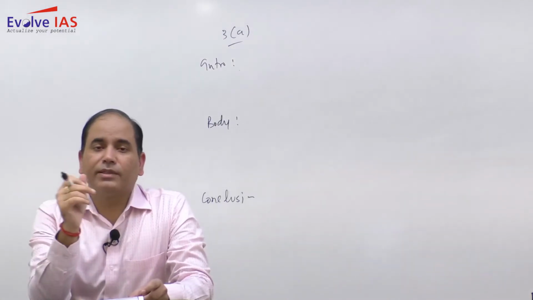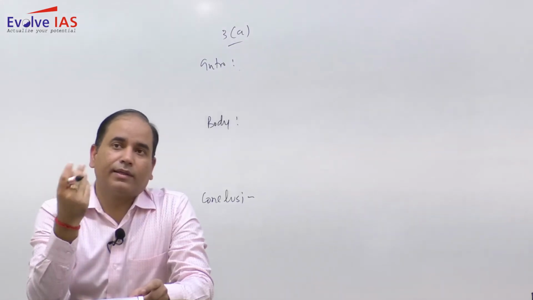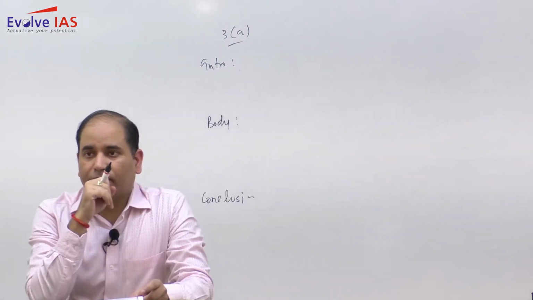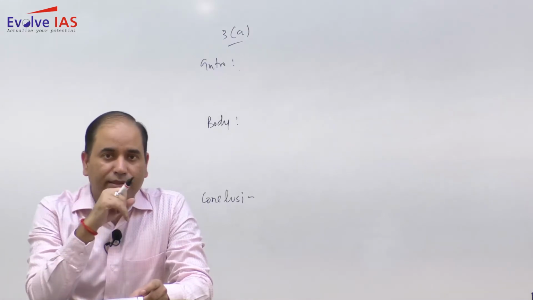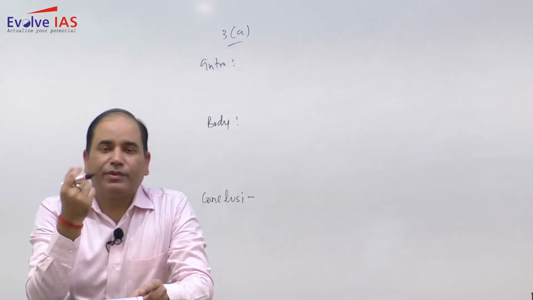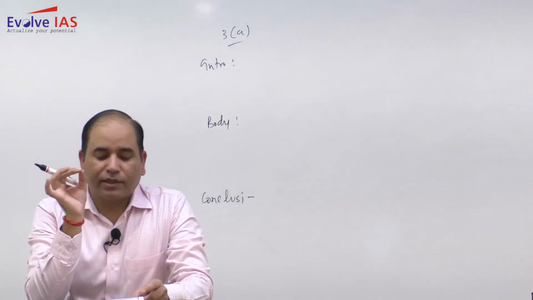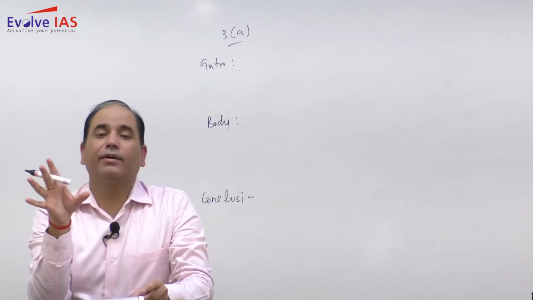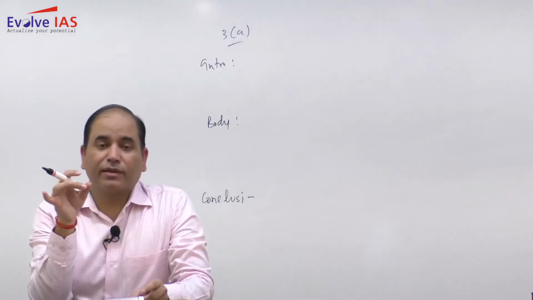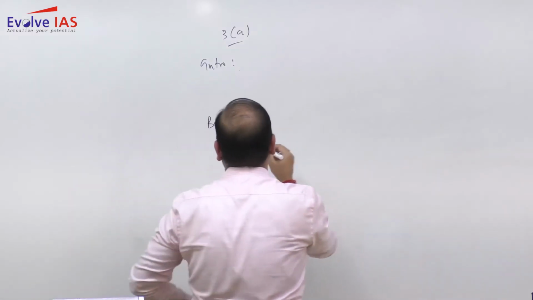So, let us say you have the tiger existing in India, or let us say you have panda existing in India, or any species existing in any particular ecosystem, are those that have been successful in adjusting to their habitat and environmental condition. Elucidate with example. Now, what is the meaning of elucidate?